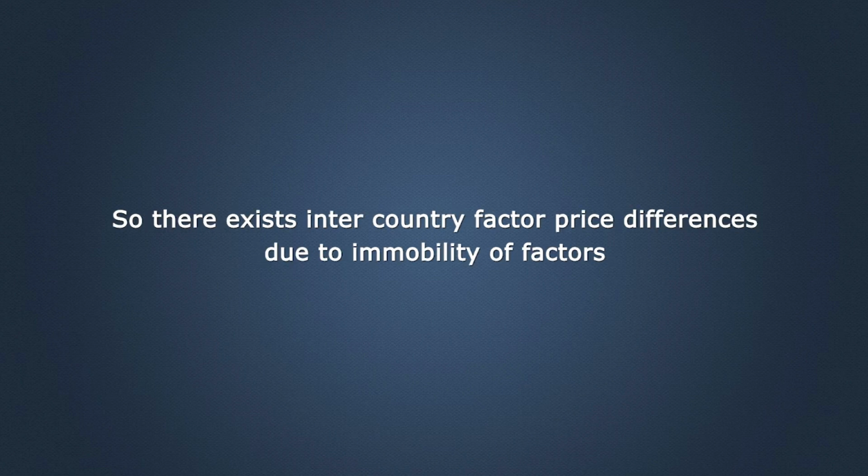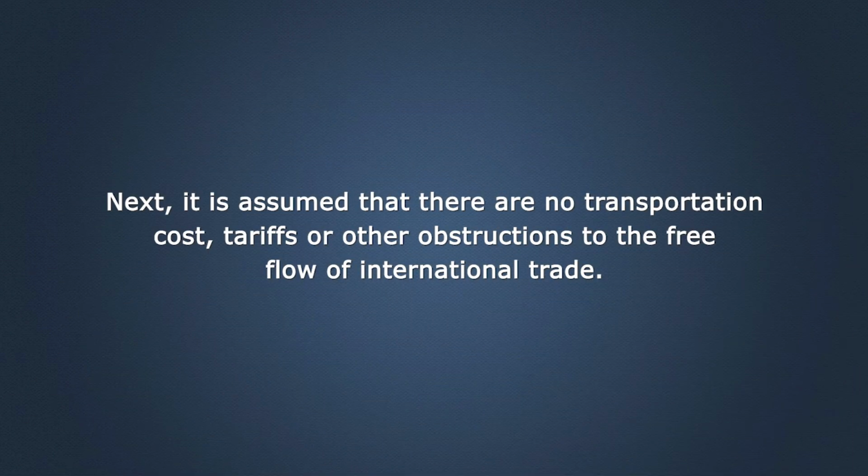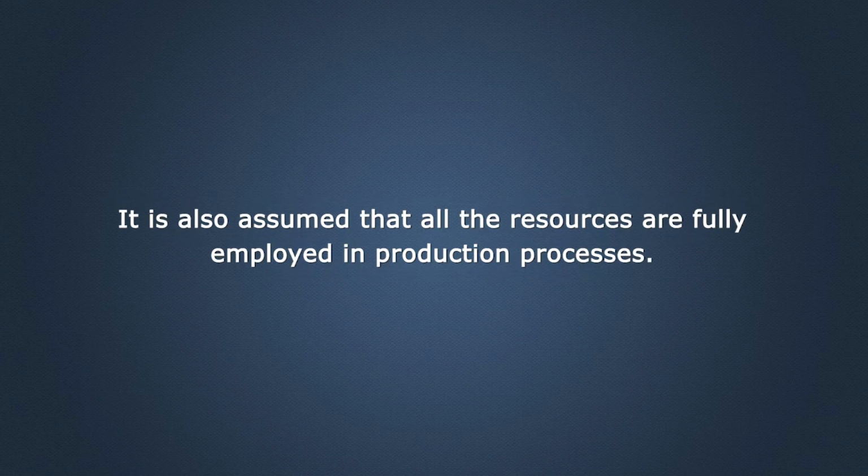So there exist inter-country factor price differences due to immobility of factors. Next, it is assumed that there are no transportation costs, tariffs, or other obstructions to the free flow of international trade. It is also assumed that all the resources are fully employed in production processes. So, there are no unused resources in any economy.